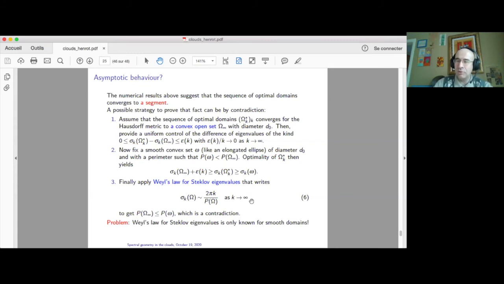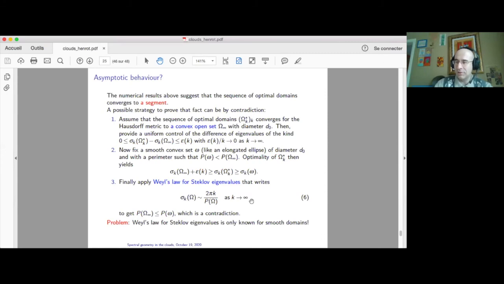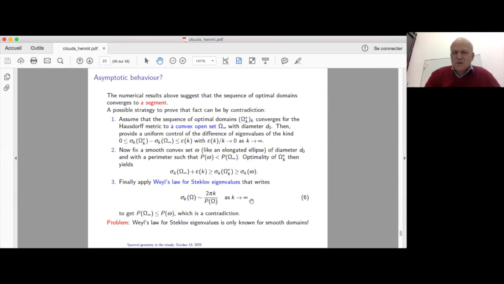What is indeed not known, to my knowledge, is whether you have a Weyl law for Lipschitz domains. For Lipschitz domains, you know that the spectrum is discrete. But to my knowledge, and that was a question I heard from Agranovich many years ago, whether there is a Weyl law in that case. Probably there is one, but we don't know how to prove it.